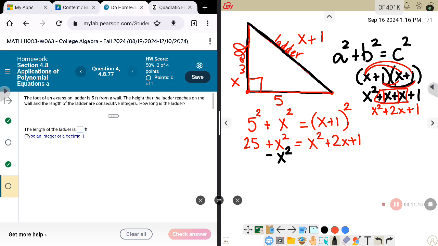I'd have to subtract it on the left, which means I'd have to do the same thing on the right. What happened in that process is it actually canceled off both sides. So all I have left on the left side is 25 equals, on the right, 2x plus 1. So I don't have a quadratic equation anymore. It's just a plain x equation.